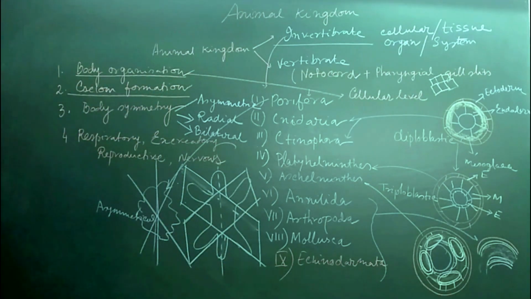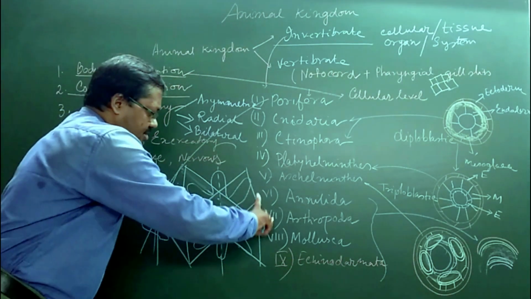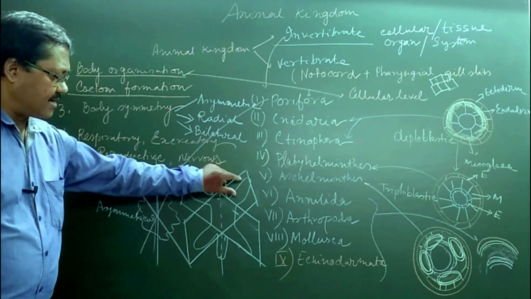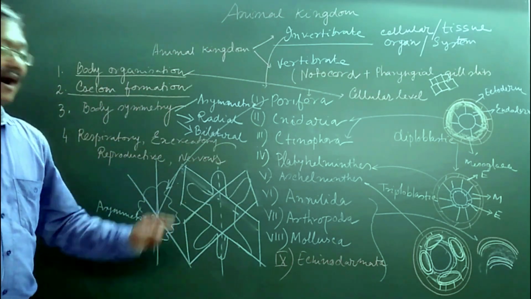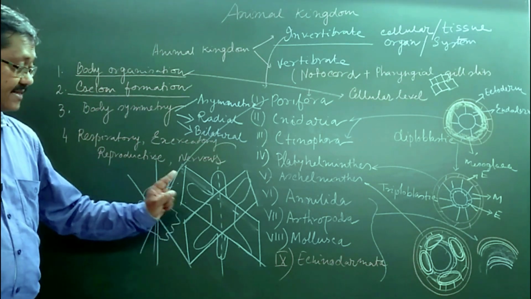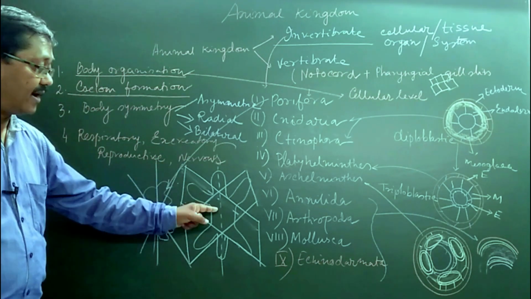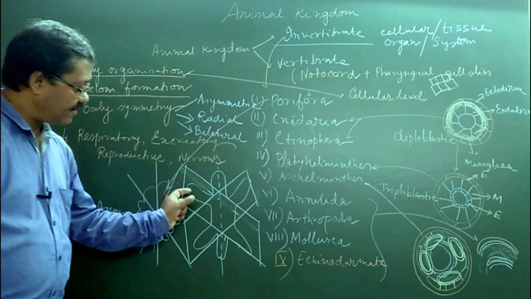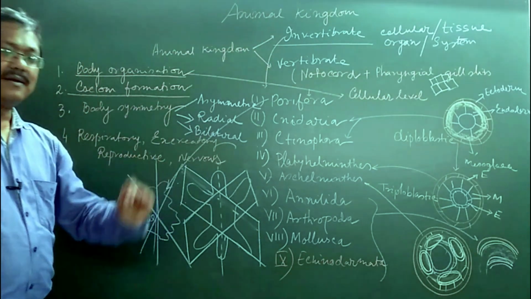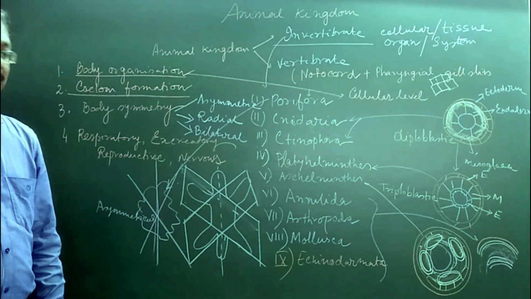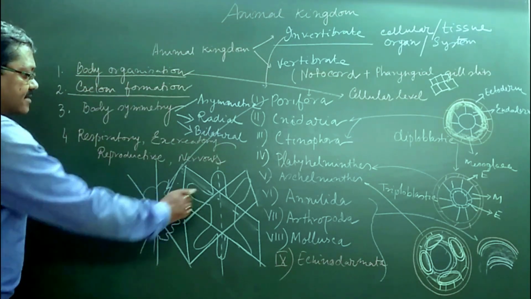When we dissect the body in such two planes and each part resembles the other part, if the structure is properly radial, this is the radial symmetry.